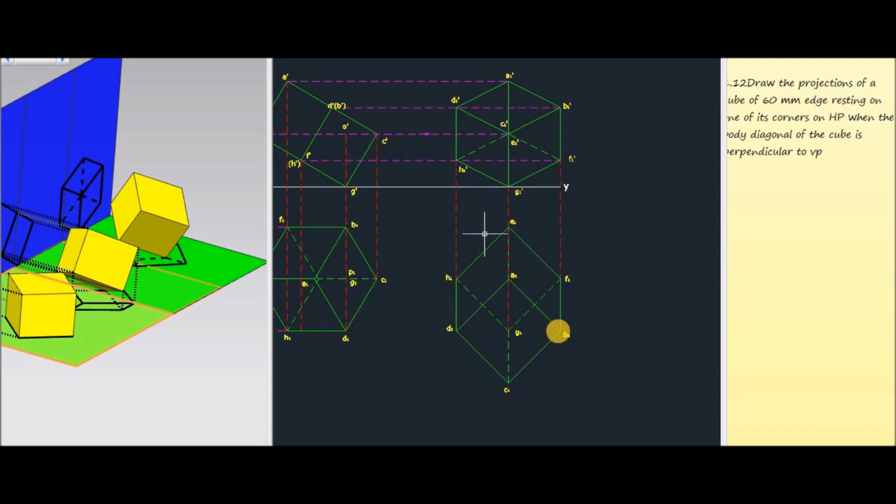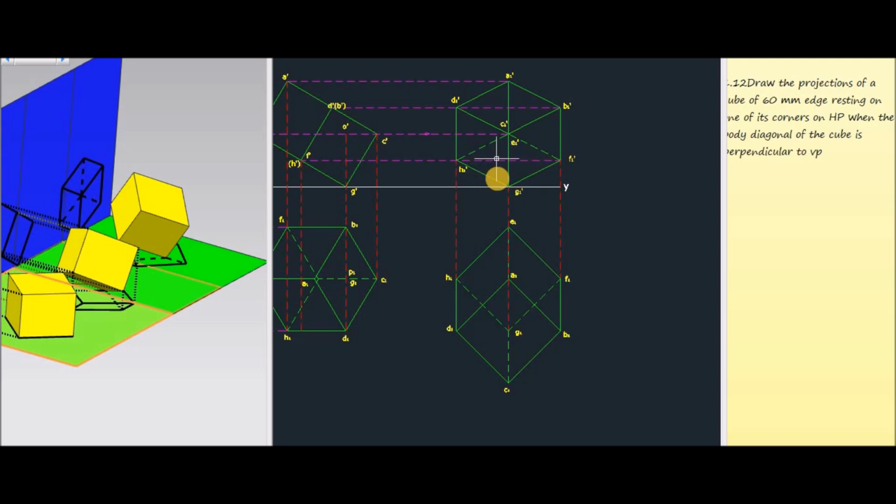Again, for getting the front view of the final stage, you have to draw the projections from all the top and bottom corners in the upward direction, perpendicular to the XY line. Then again extend the projections of the first top view in the rightward direction. The intersections of these, for example H1 and H1 dash, G1 and G1 dash, E1 and E1 dash, give H1 dash, G1 dash, F1 dash, E1 dash, B1 dash, A1 dash, D1 dash, etc. Then join all these corners.